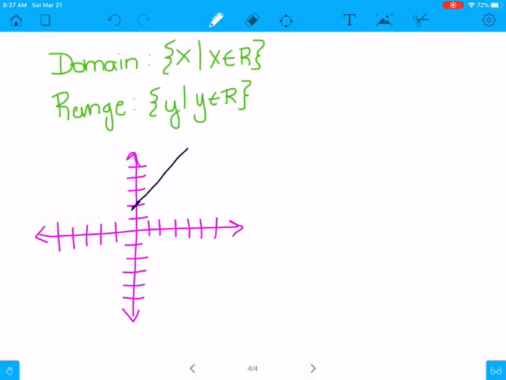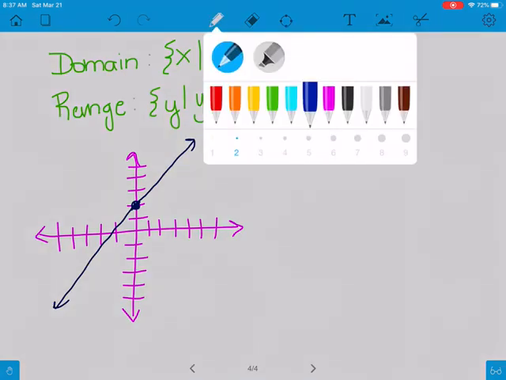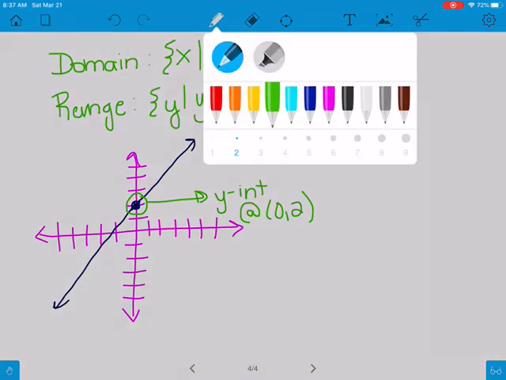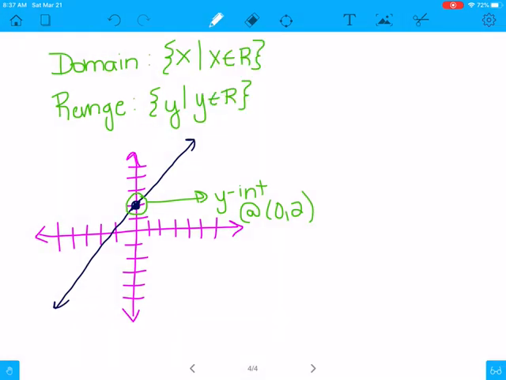So I'm going to make it go like this, up, and pass through here. Okay? So I know I have a y-intercept at 0, 2, and I also know that I'm up on the right.